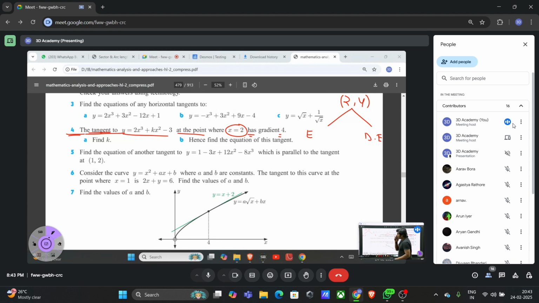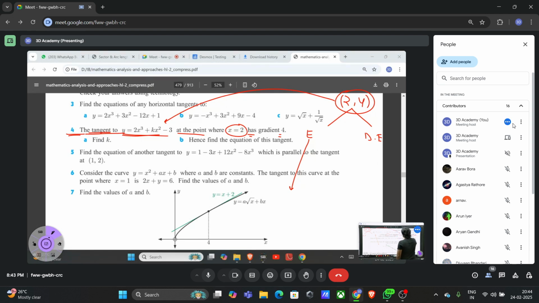Correct? So what do you do? First you put this point in the given equation. You will get one equation in terms of y and k. So if I put 2 in place of x, what equation do I get? First I am putting the given point in the curve.